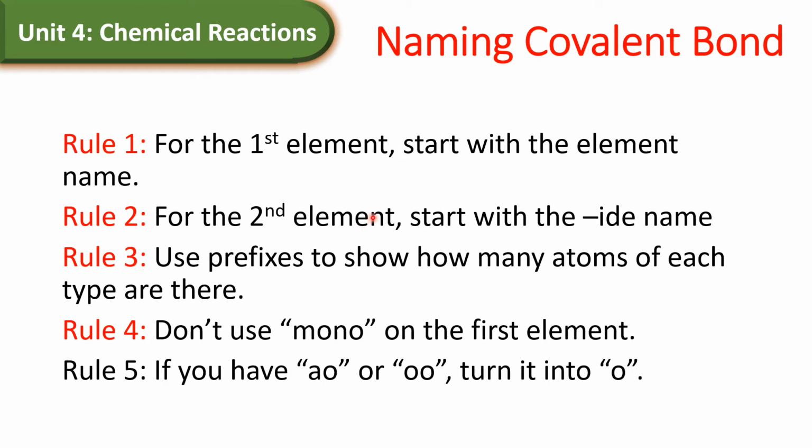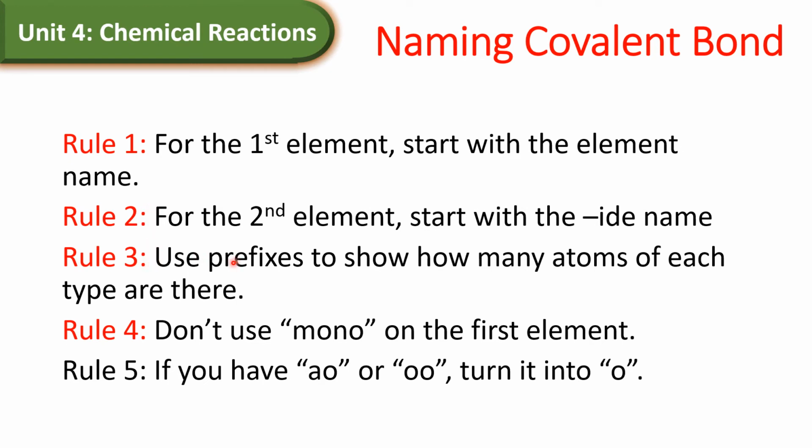Instead of writing sodium chlorine, you're going to write sodium chloride, so chlorine now ends with the word -ide. Again, your covalent bond has the same rule as your ionic bond for rule number 1 and rule number 2. However, in your covalent bond, there are extra rules.